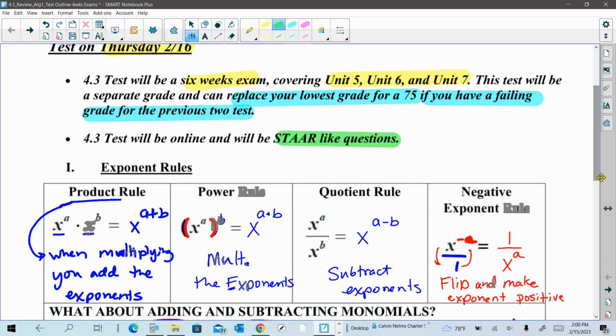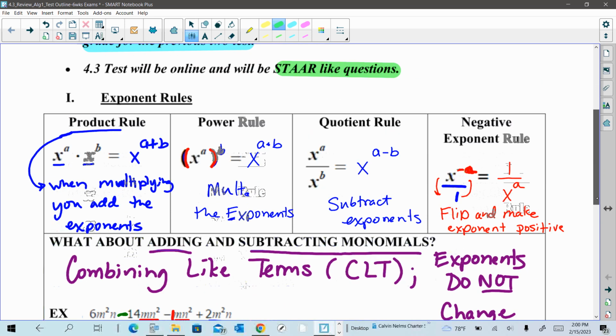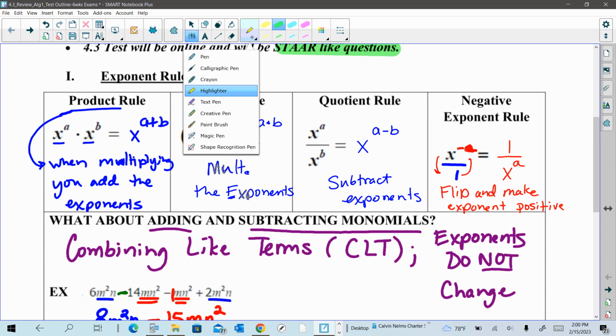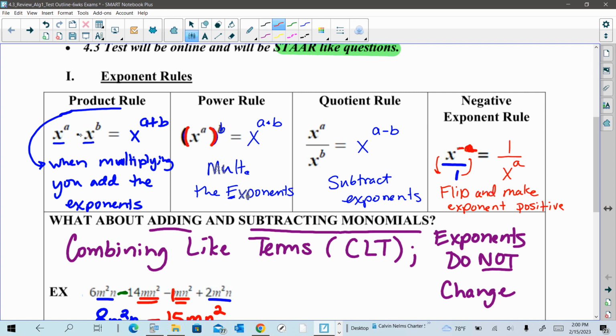All right, the first part of your review, section 1, is your exponent rules. We discussed this. You need to pause the video and copy these down again, but you need to know these by heart. Know that for the product rules, when we're multiplying, we see multiplication with this little dot here. Sometimes we show it also with parentheses.